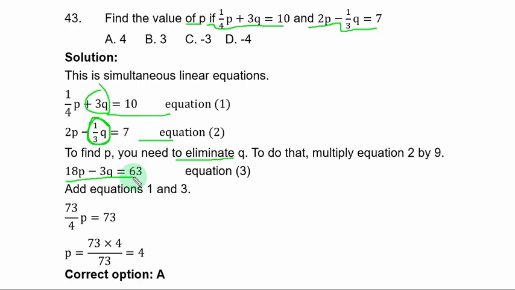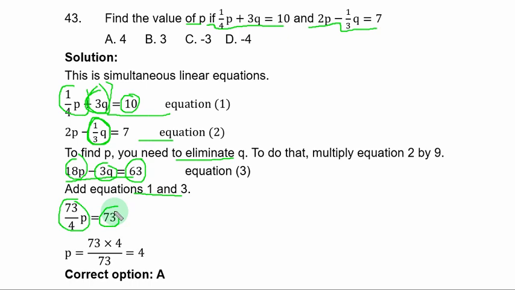Next thing is to add equations 1 and 2. So if you add this to this, you have this result. Now if you add this and this, it becomes 0, and if you add 10 and 63, you have this result.